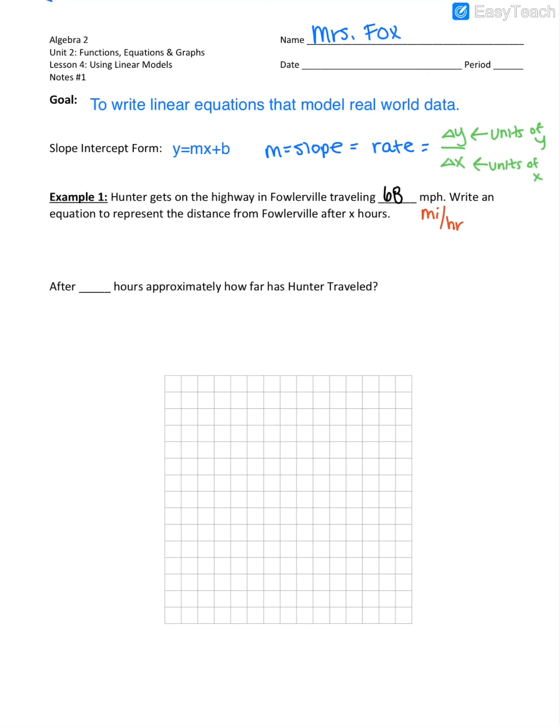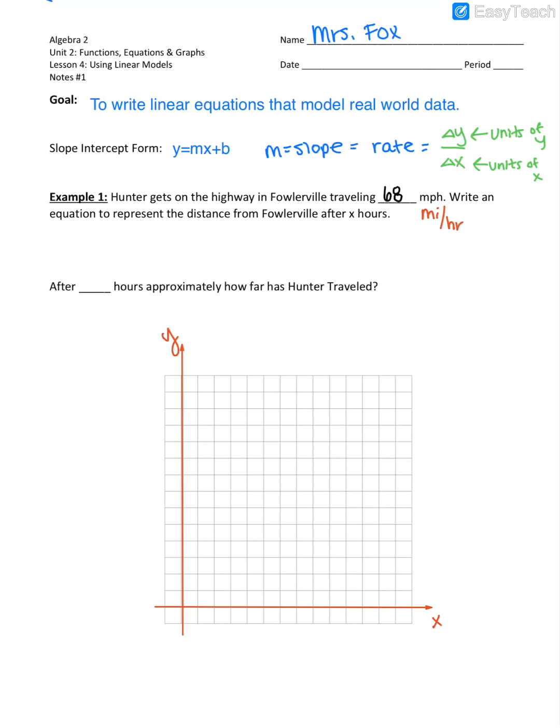So miles per hour tells you that when you draw your graph, you have your x coordinate and your y coordinate.